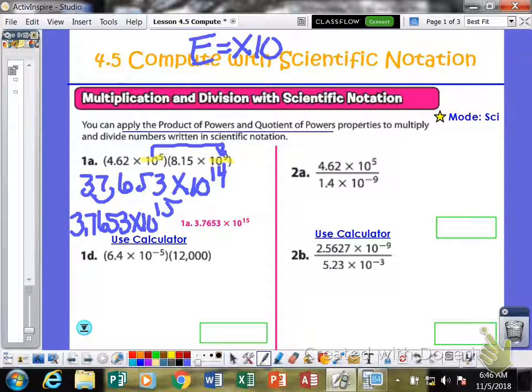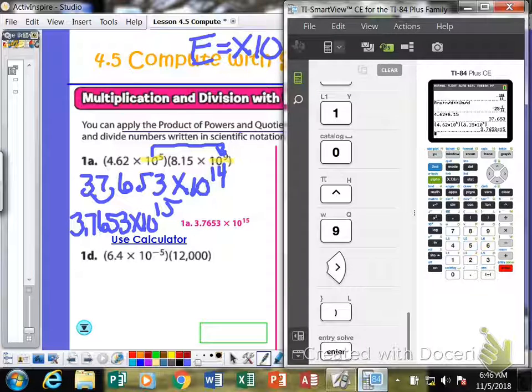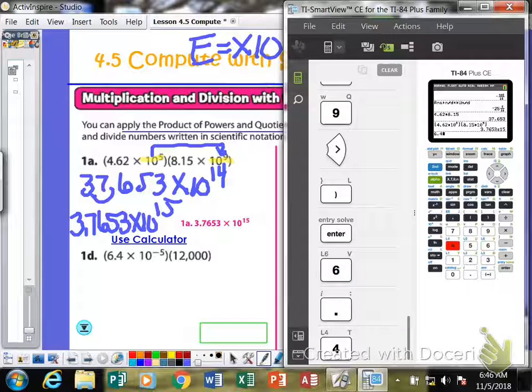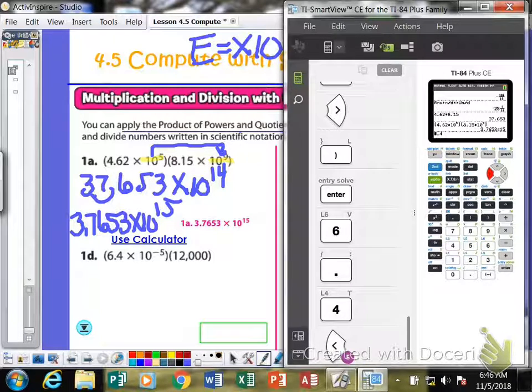Now, for 1D we have to use the calculator. If we go back to our calculator, I'm going to make this a little bit bigger too. So it's 6.4, oops, sorry, I forgot the parentheses.